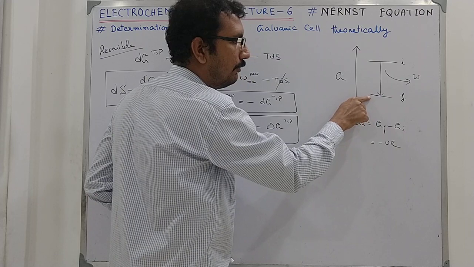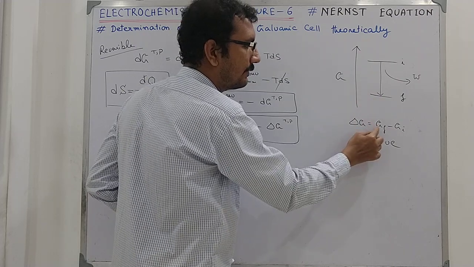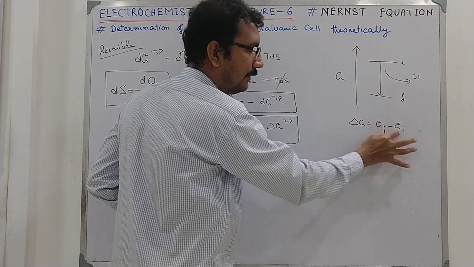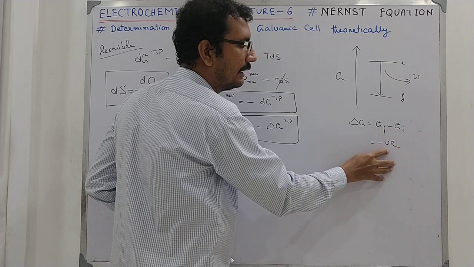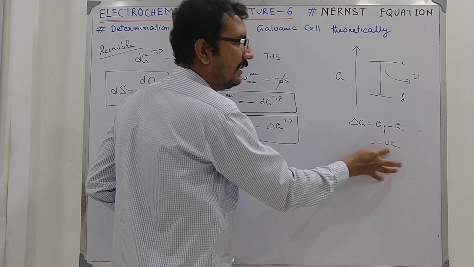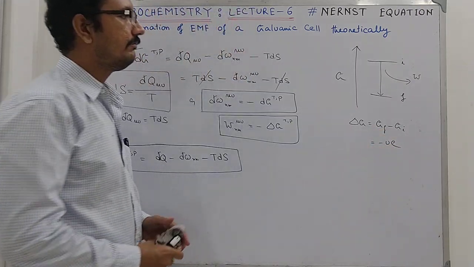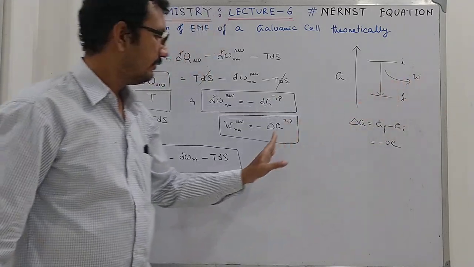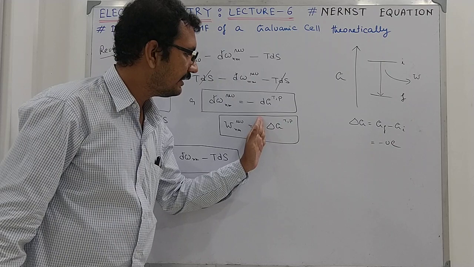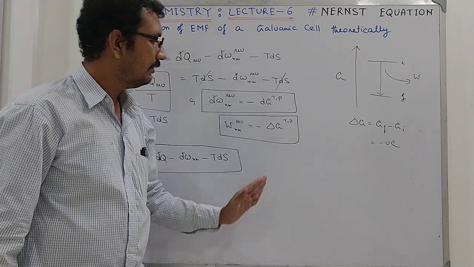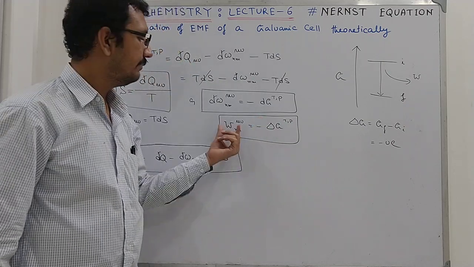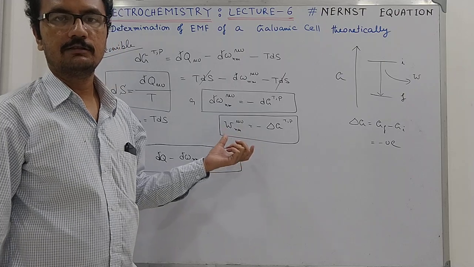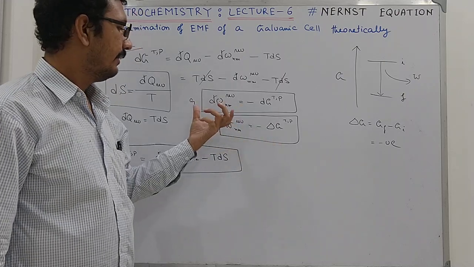Now this is the lower value. If we subtract the higher value from the lower value, we get negative. So del G negative implies we are getting work. If we put del G negative, this negative will give you positive, so you will have a positive amount of work.